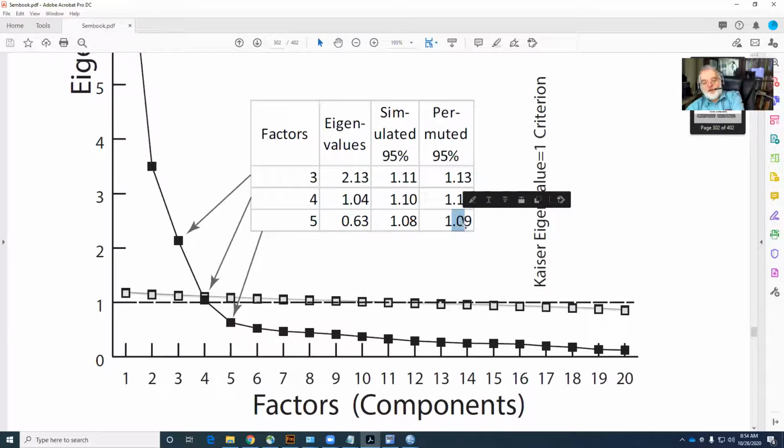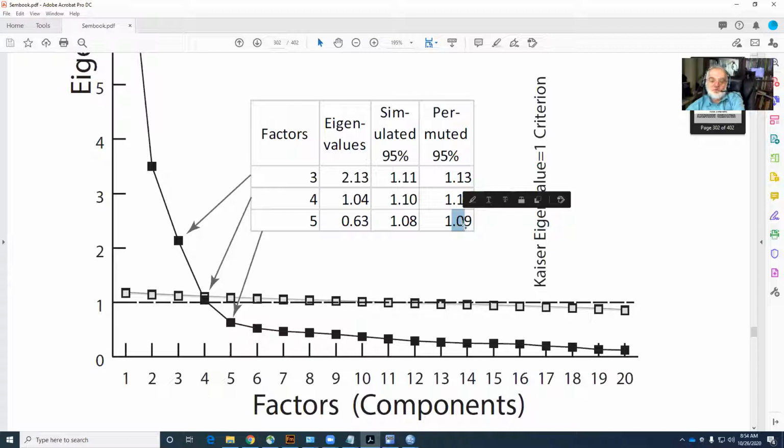If you're factoring a smaller data set, like 300 or 500 people, the plot that you're going to see is going to look a little bit more dramatic. That is, the first few factors that you have in your simulations are going to look like they're substantially above 1. And this is because each correlation in your data set can capitalize a little bit on chance.